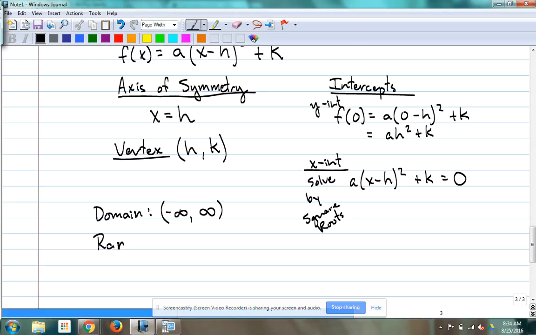Range. What's the lowest y value? So if it opens up, the lowest y value will be where? At the vertex, right? Which is what value? k.